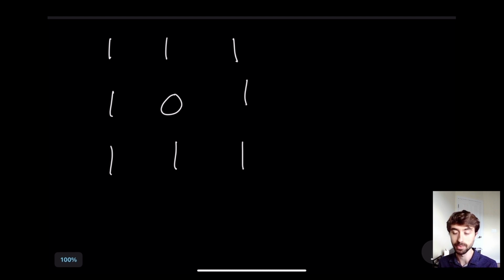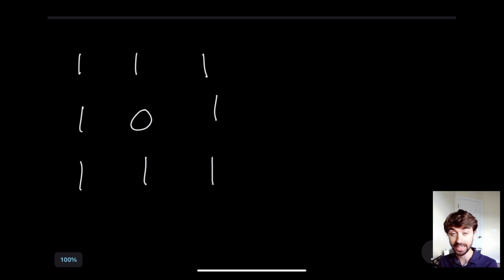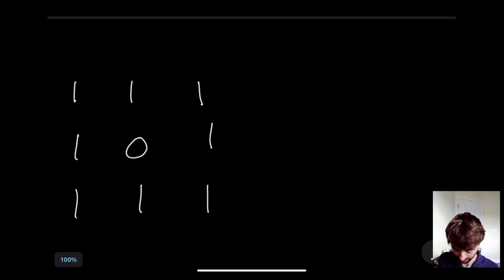What comes to mind immediately is to keep track of where the zeros are in the matrix on a first pass, and then make a second pass to convert the values into zeros that need to be zeros. So what I mean is, say we have an array or something to keep track of where the zeros are.